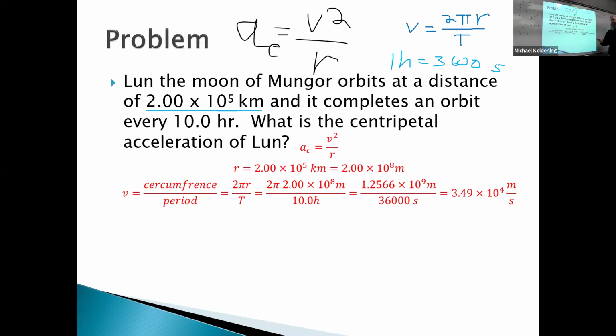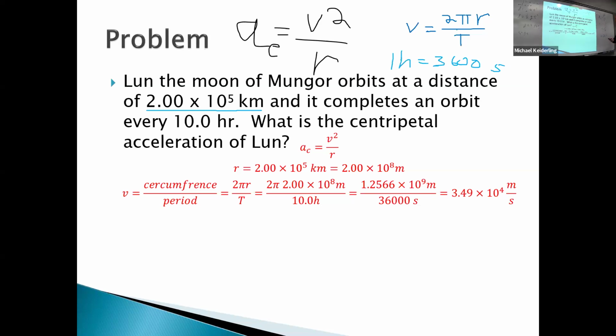And our speed is circumference over period. 2 pi times the radius over the time it takes to complete one cycle, one orbit.